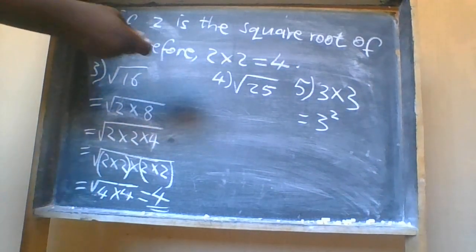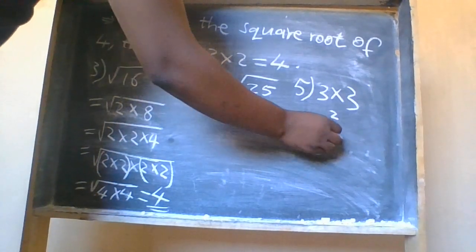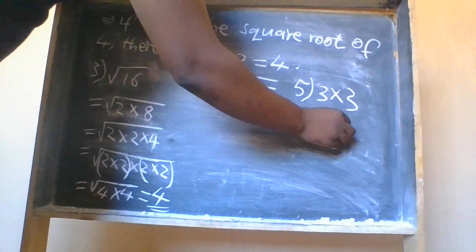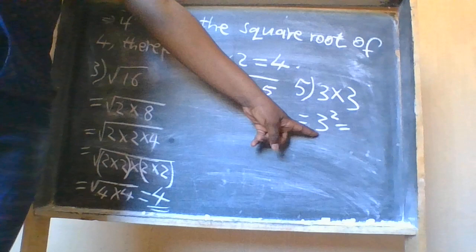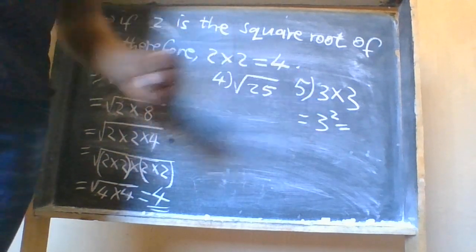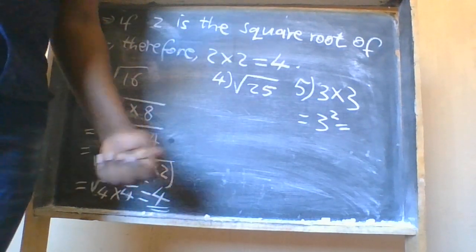But the mistake that most pupils or students make is that when you say 3 squared, what comes immediately to your mind is that it is 6 or 27, and they will not give you the correct answer.